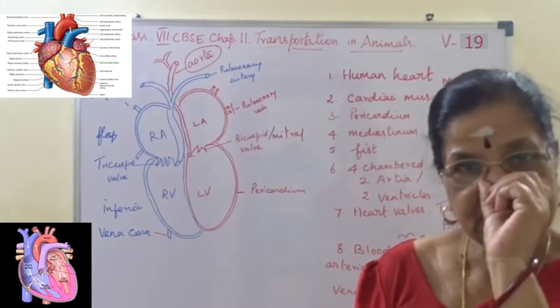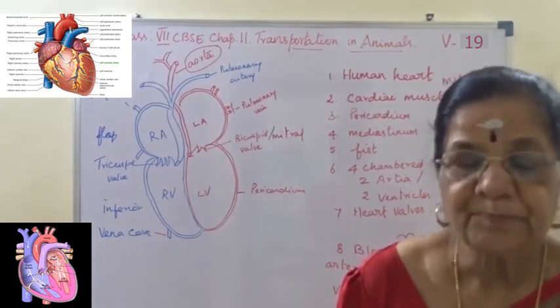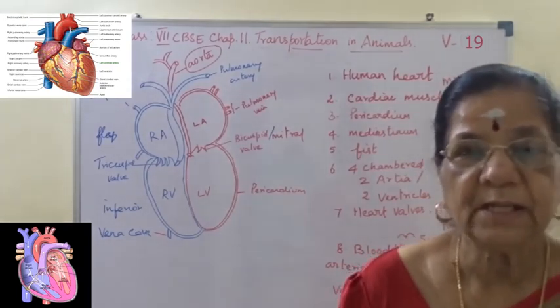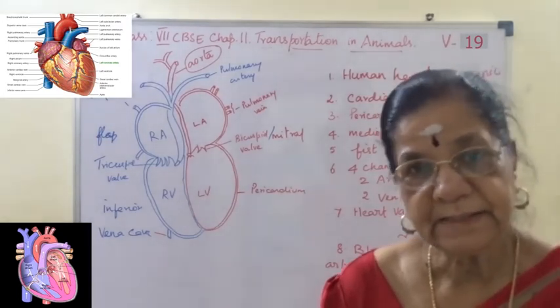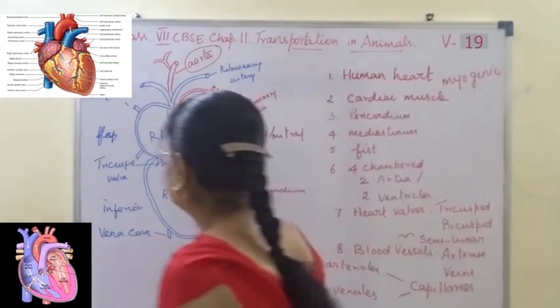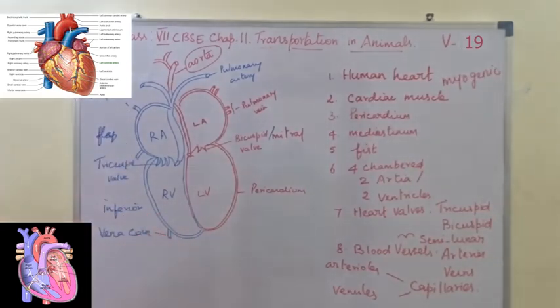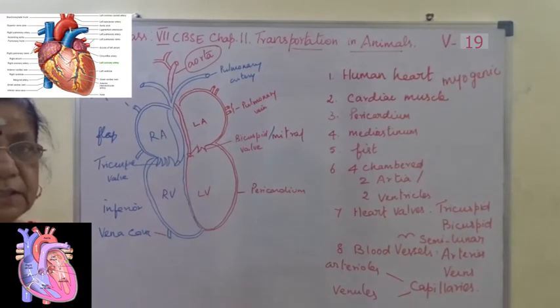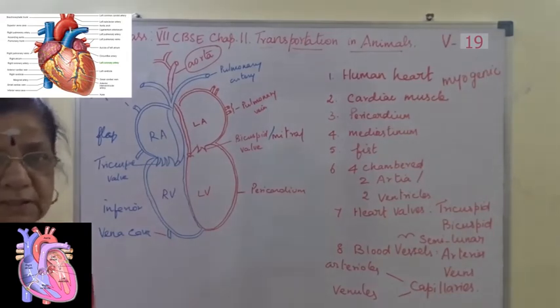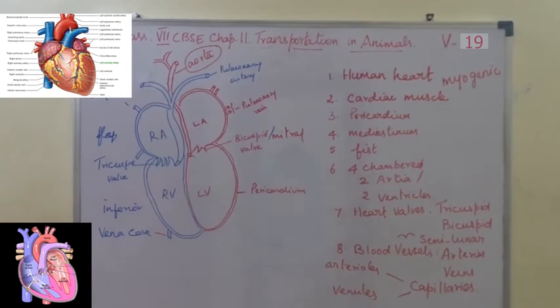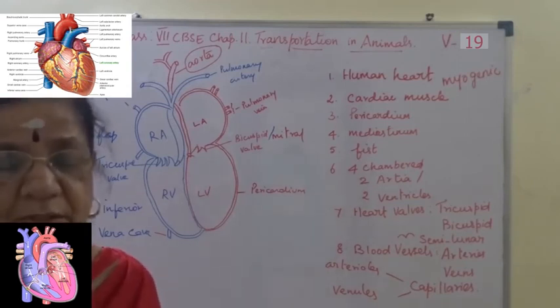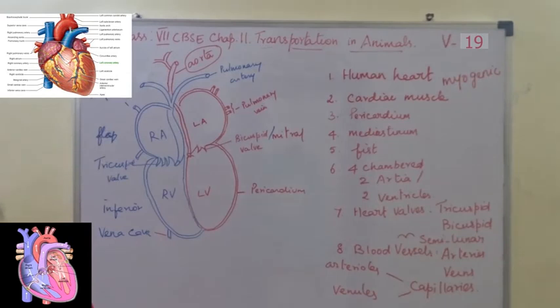Veins carry deoxygenated or impure blood from various parts of the body and reach the right atrium through the inferior vena cava and superior vena cava. The superior vena cava collects from the upper part and the inferior vena cava from the lower part, right?